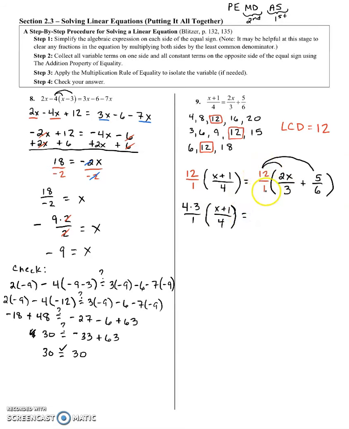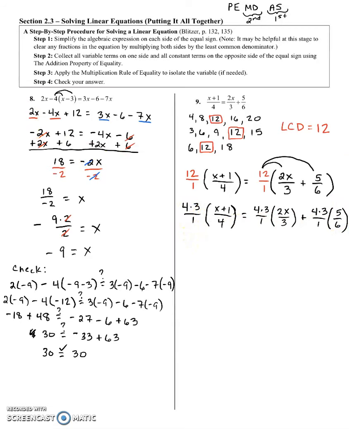On the right-hand side, when we distribute, let's go ahead and write that 12 as 4 times 3 again, and we have times 2x over 3 plus, and then we have that 12 again, times the 5/6.